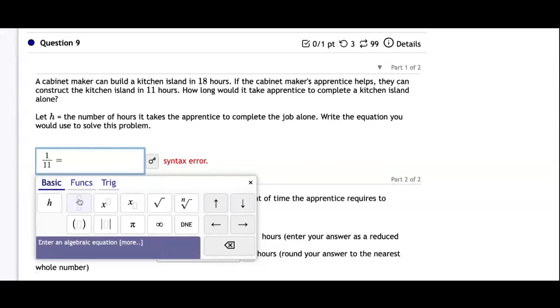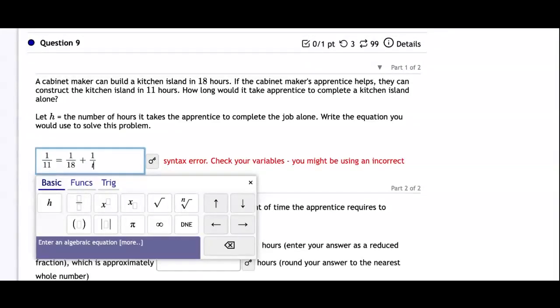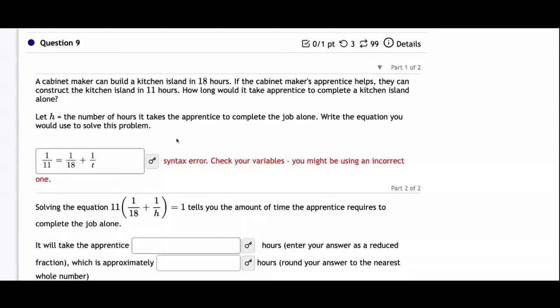The question is asking how long it will take the apprentice to complete the kitchen island. The cabinet maker is 1/18, and we don't know how many hours for the apprentice, so it's just 1 over a variable. You can use a variable t or x. Let's use t for time.